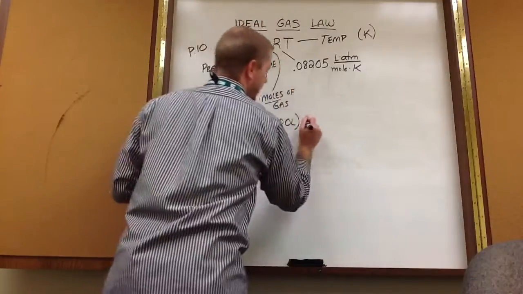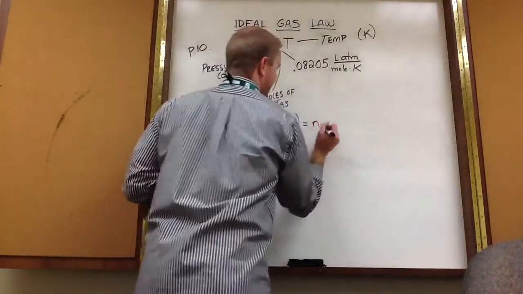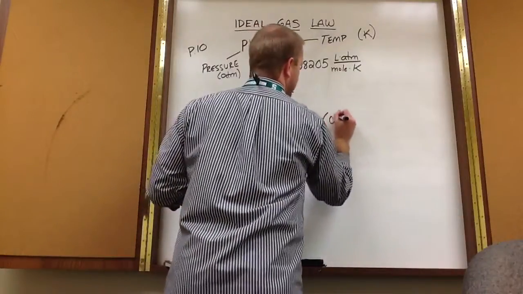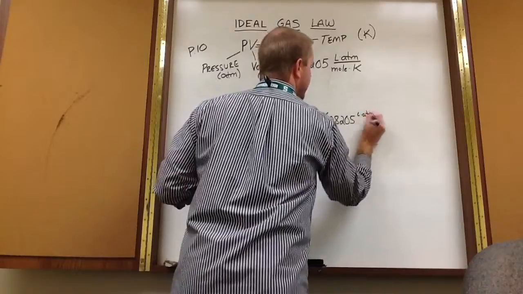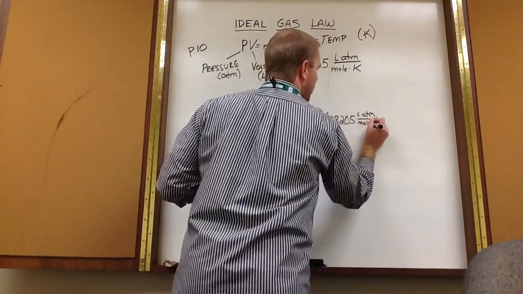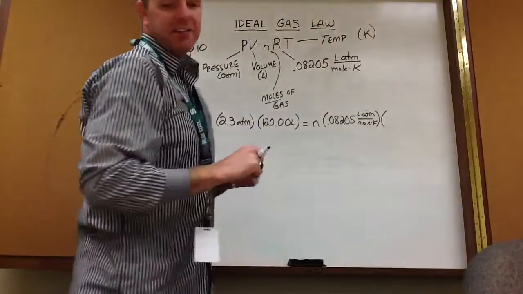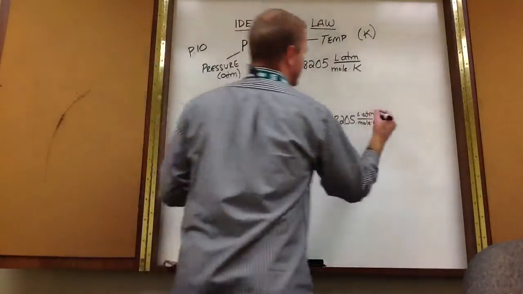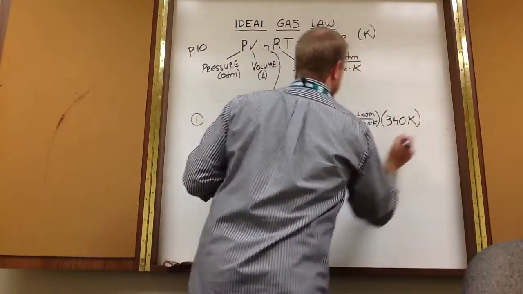So, PV equals, we're solving for moles of gas, so it's n, times 0.08205 liters ATMs per mole Kelvin, times temperature. That temperature has to be in Kelvin, and in the problem it's given to you in Kelvin, 340 K.